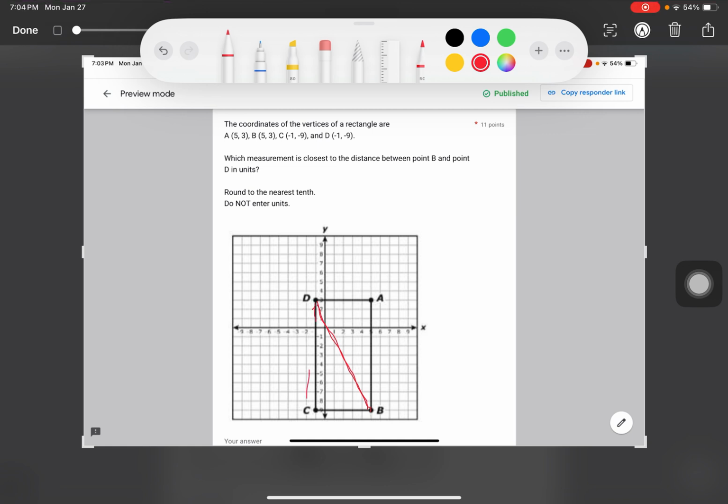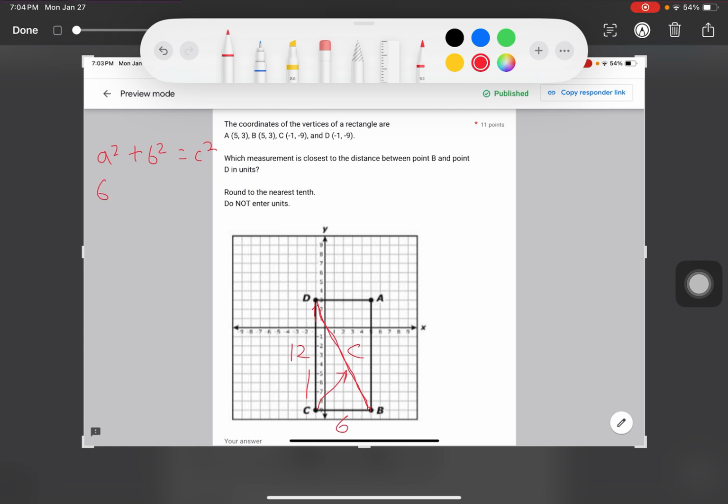If you count the spaces, you should get 12 on this side and 6 on this side. Then you put that in the Pythagorean theorem, a squared plus b squared equals c squared.